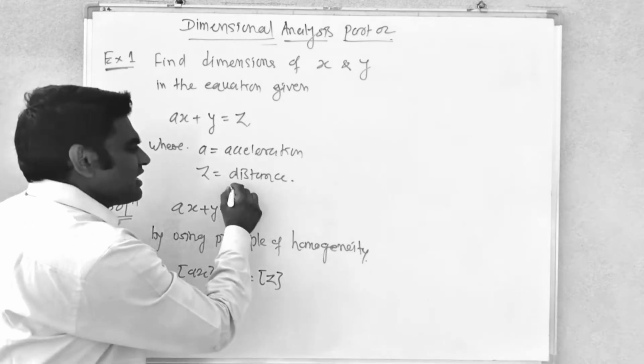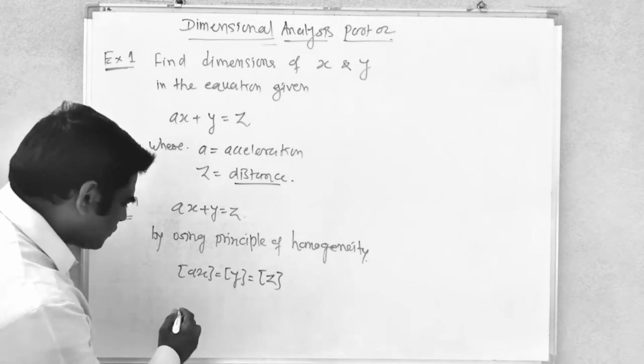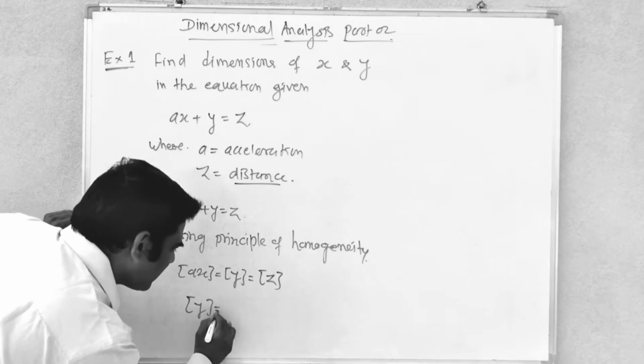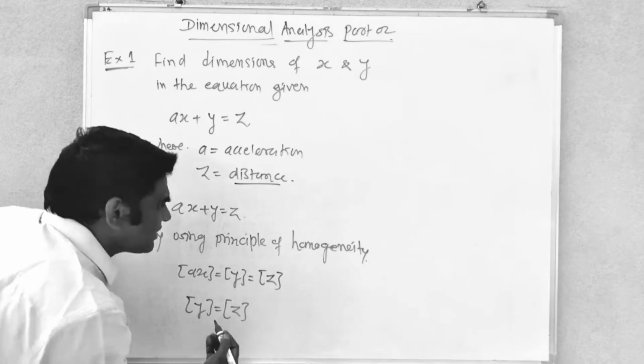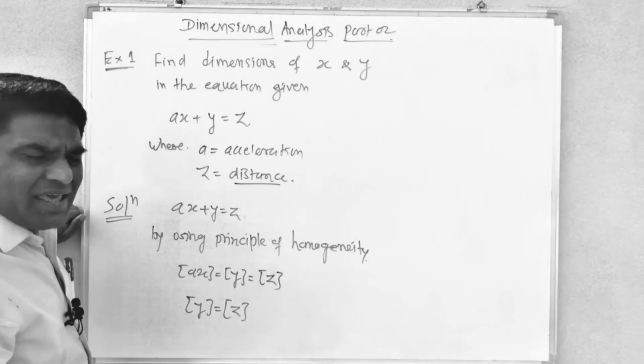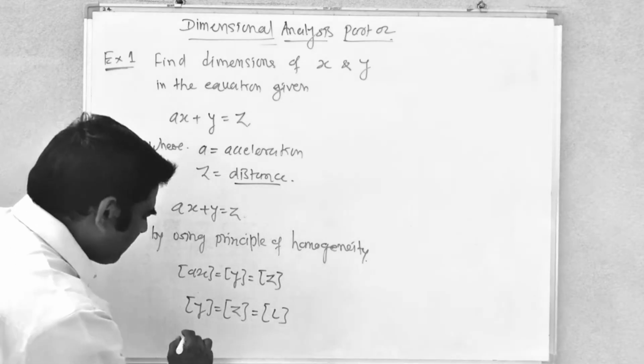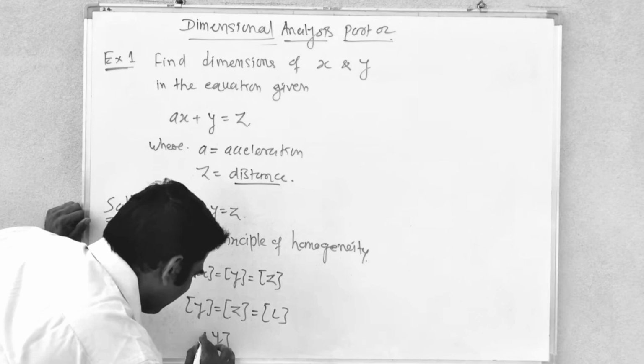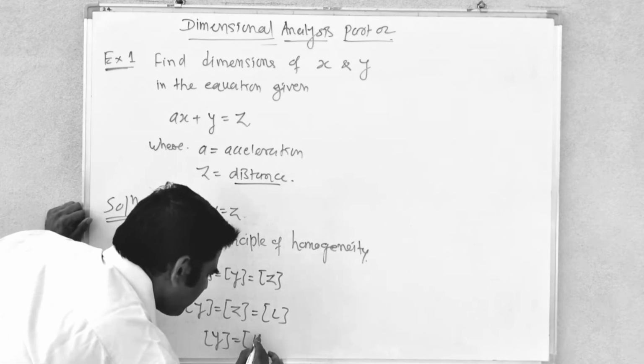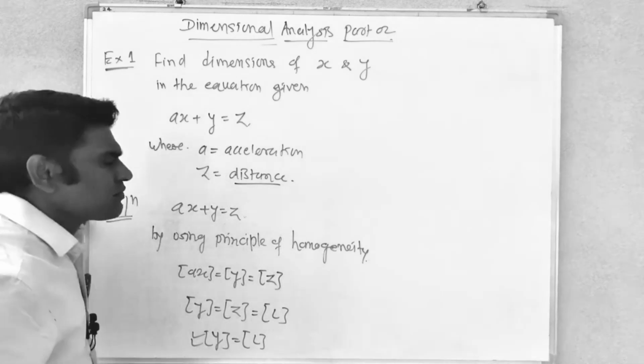Now what is z? Z is the distance. Distance means length, so length to the power 1. So the dimension of y is equal to L. One answer we have got.